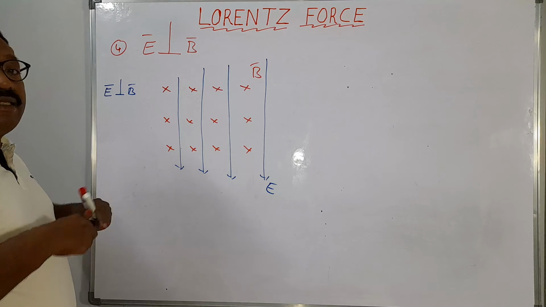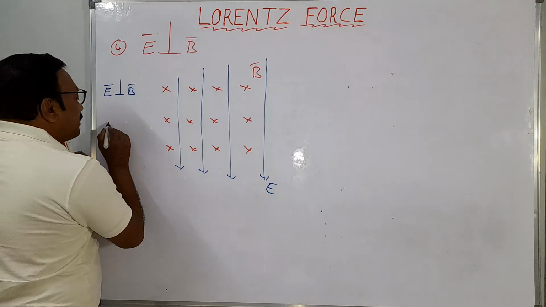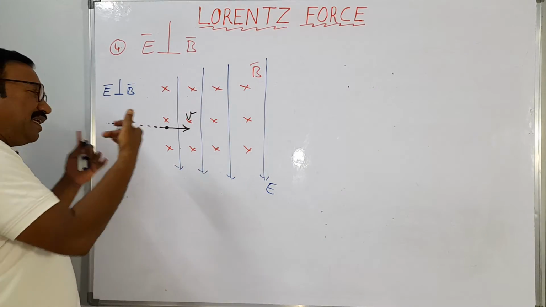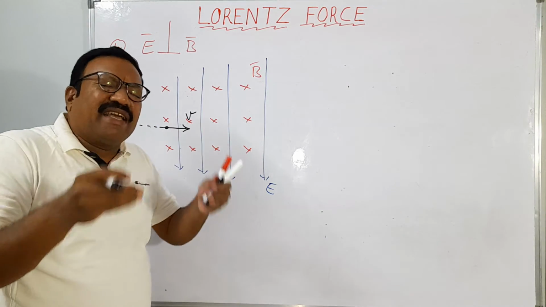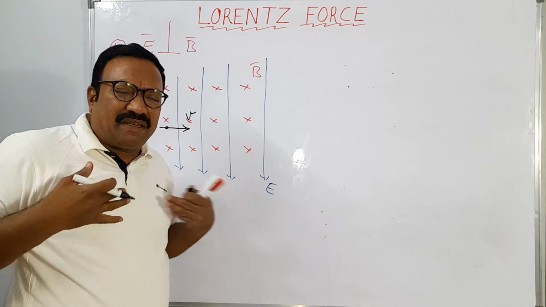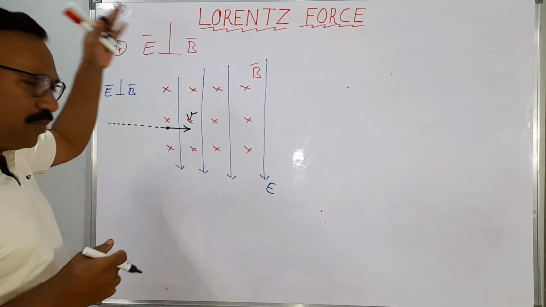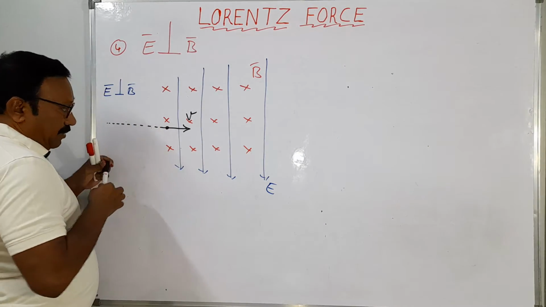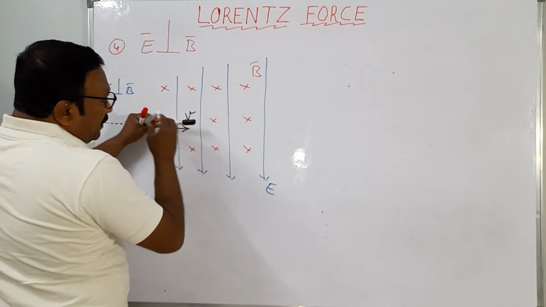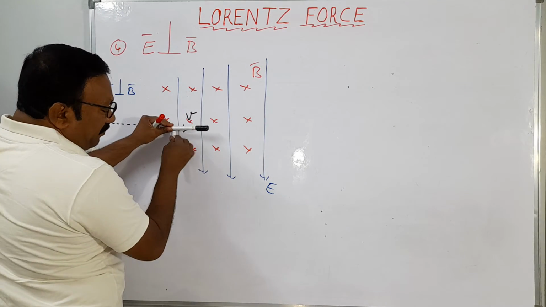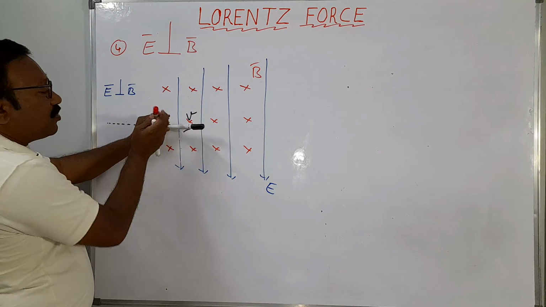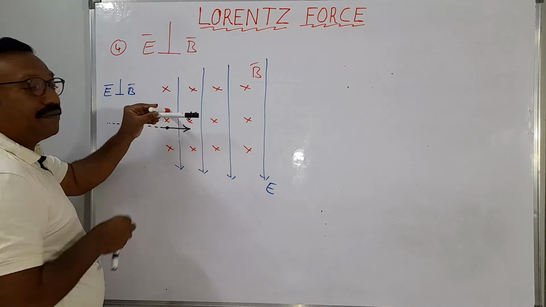Now the particle is entering like this. I will take velocity V only here now, not U. I can put any name, V, U, V naught, anything as I like. So V I am putting now. Now you see this velocity is perpendicular to the magnetic field and the electric field.